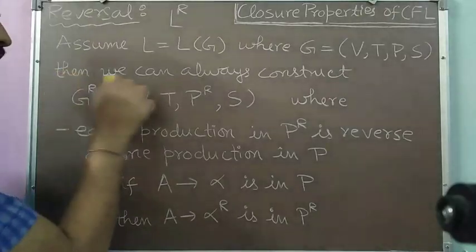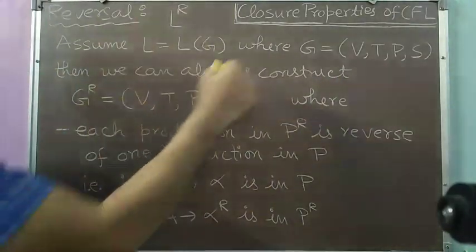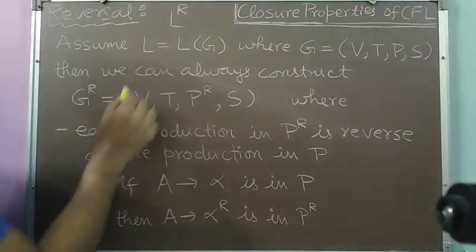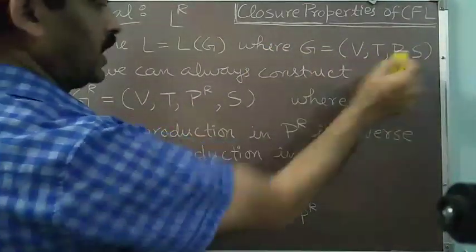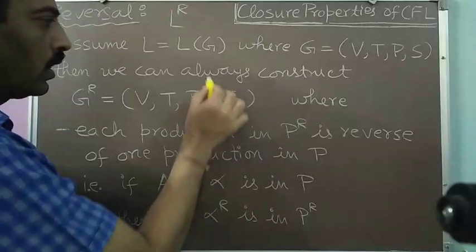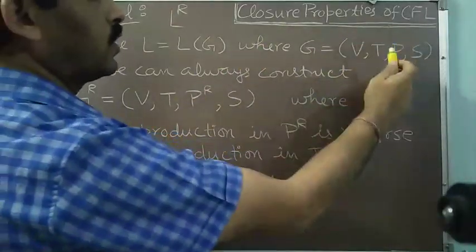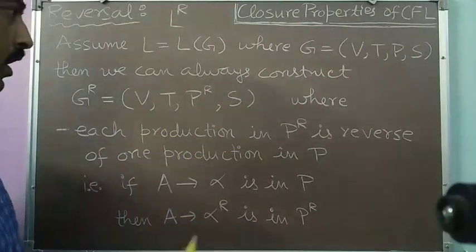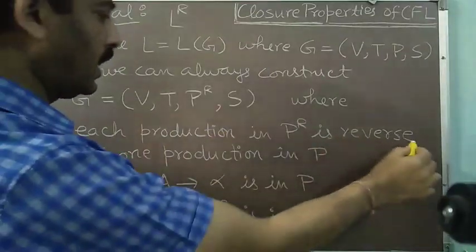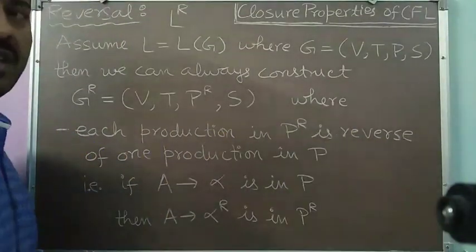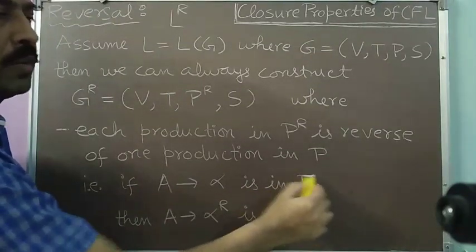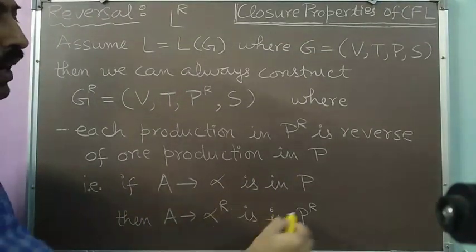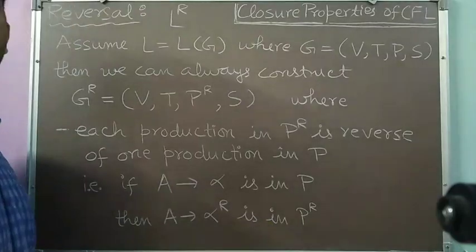Okay, then we can always construct another grammar G^R, which will have the same set of variables, the same set of terminals, the same start symbol and all the productions which are the reverse of the productions in P. So each production in P^R is the reverse of one production in P, meaning thereby if A to alpha is a production in P, then A to alpha^R will be present in P^R.